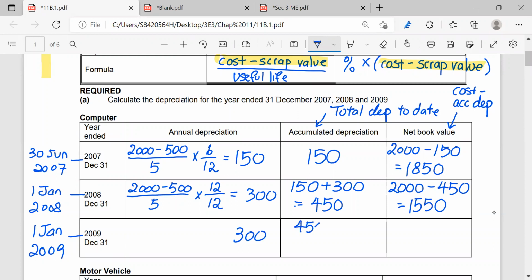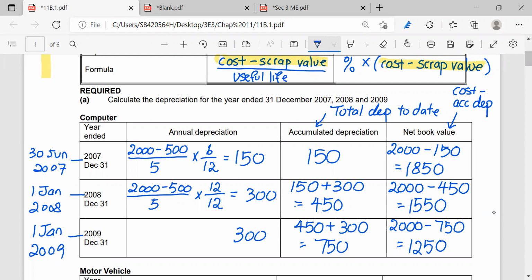So it's 450 plus 300 to get 750. And your net book value, 2000 minus 750, and you will get 1250.